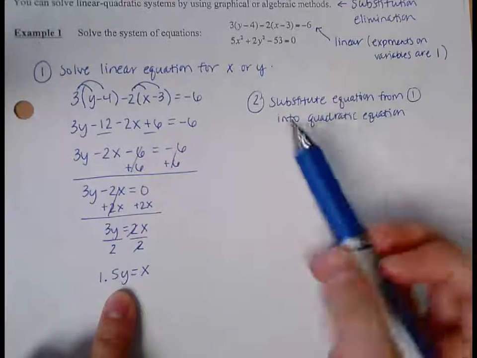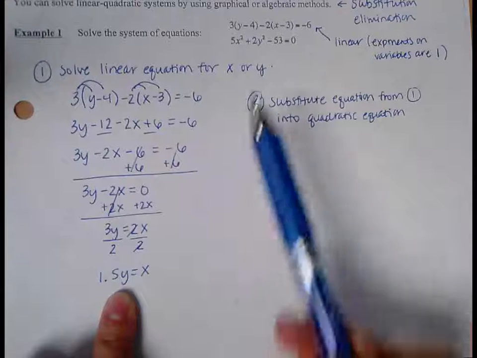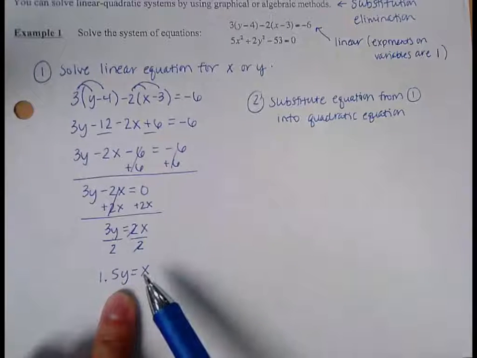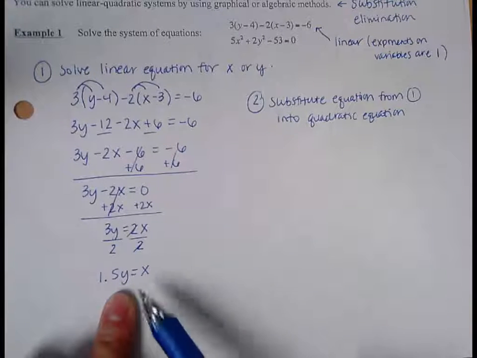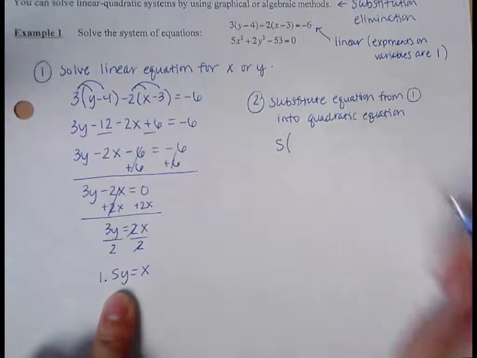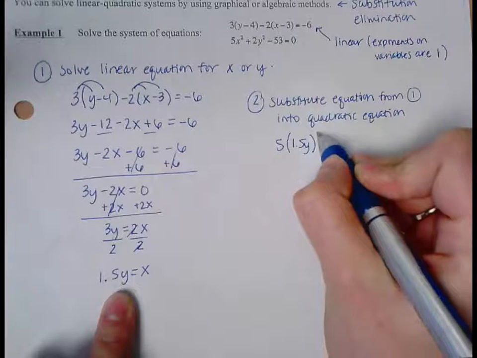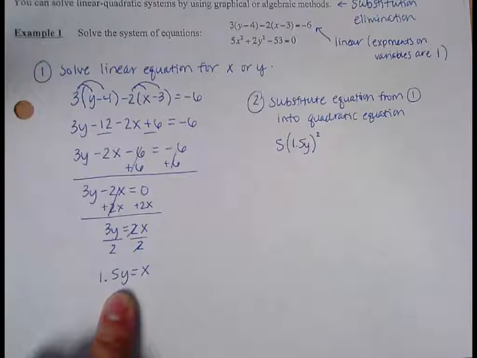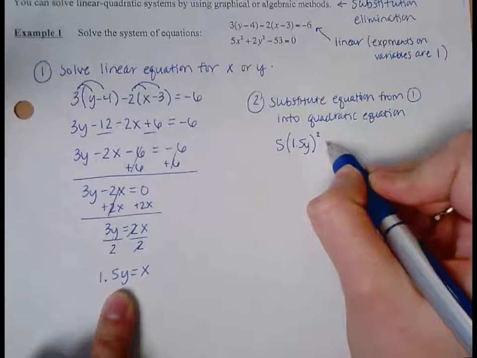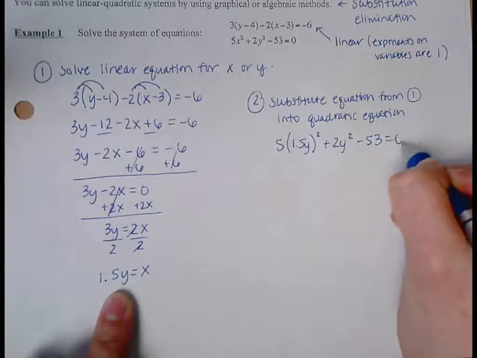And then I'll write that out here. So I'm going to rewrite the quadratic equation with replacing the x in that equation, since I solved for x, replacing the x in that equation with 1.5y. So I'll have 5 times, in parentheses, 1.5y squared. So make sure that's all in parentheses there. And then I still have the plus 2y squared minus 53 equals 0.